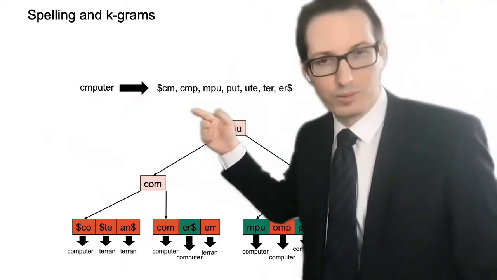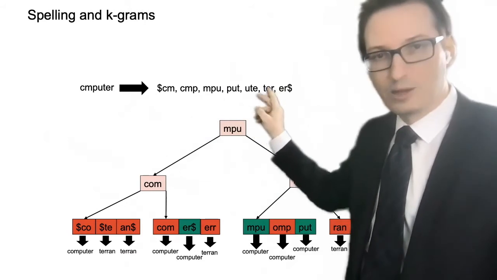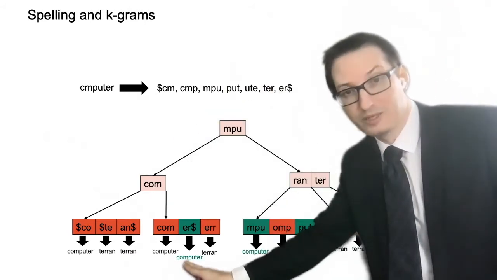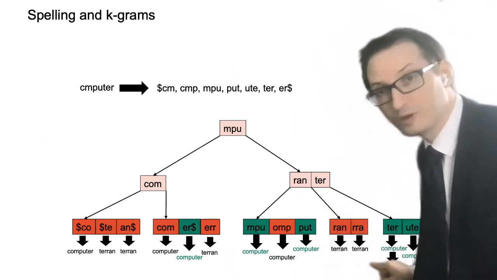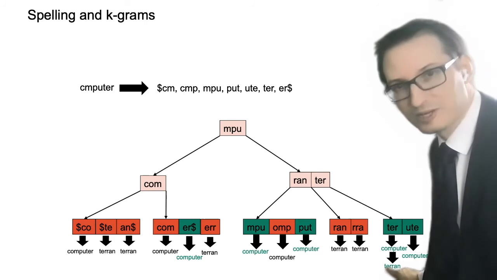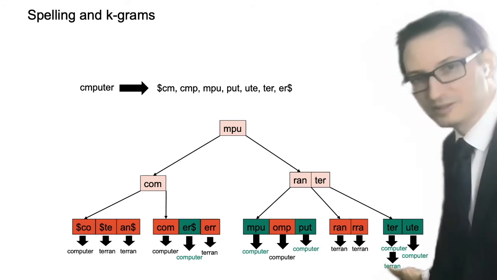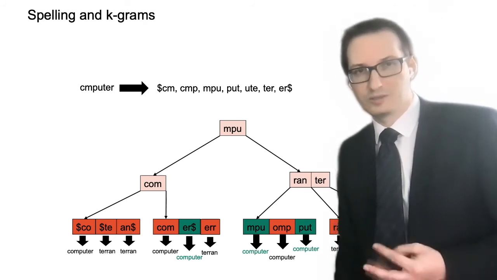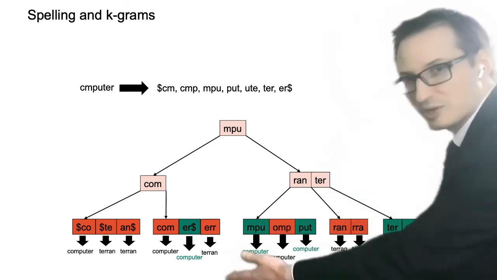Here k equals 3, so I'm taking the 3-grams. Then I look them all up in here, and I colored what I find in green: computer, computer, computer, computer, and Terran. If I'm looking specifically for TER, I find this, right? So these are all the k-grams that I'm looking up, and this is what I found.